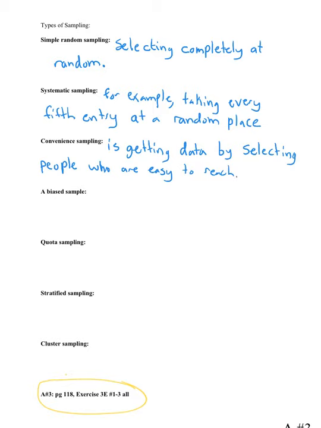Okay. And something very important about convenience sampling, it's not random. So it does not include a random sample. So it could be biased.